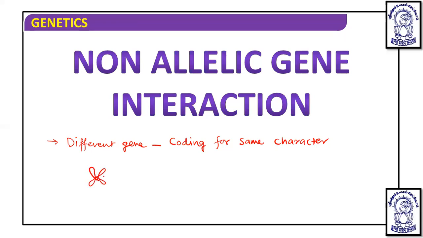Suppose this is one chromosome pair and this is another chromosome pair. If A gene is present here and small a is present here, then A and small a are alleles. If B gene is present here and small b here, B and small b are alleles.